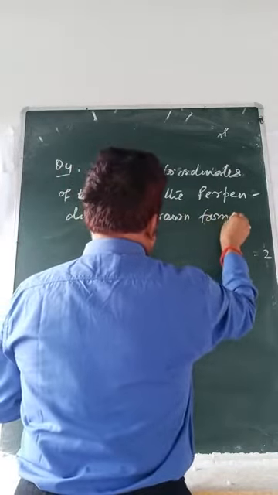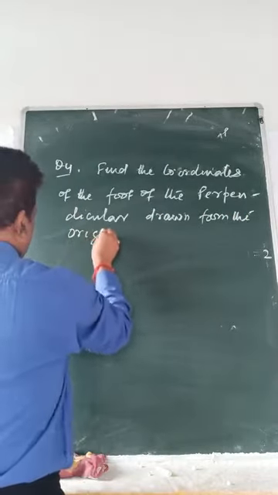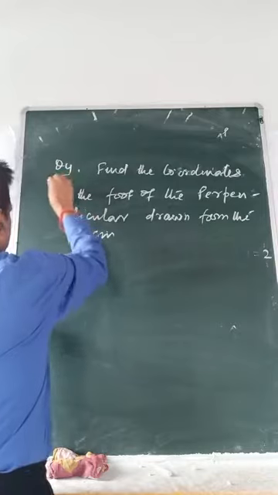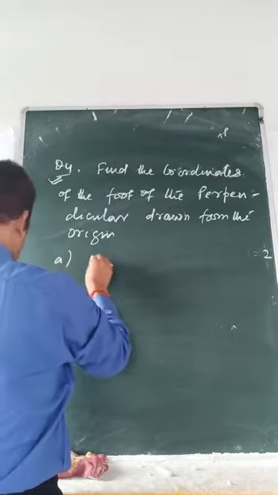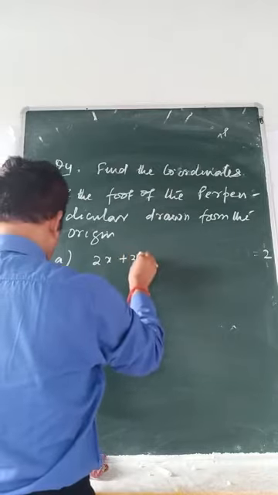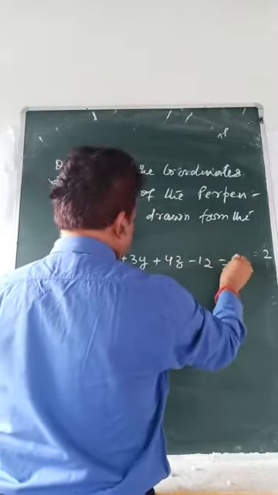An important question, try to see. This is the plane 2x plus 3y plus 4z minus 12 equals 0.